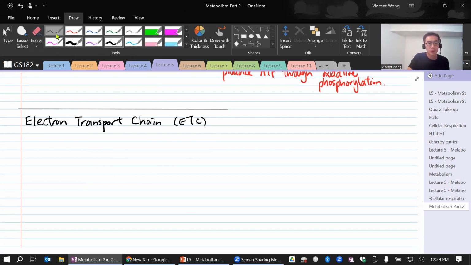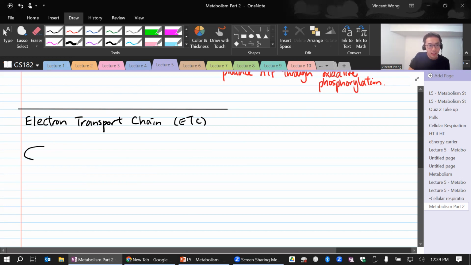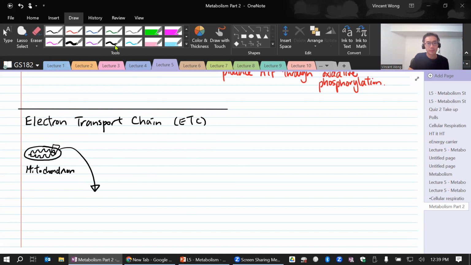So this is a mitochondria, right? I hope you recognize that little guy now. Okay? And what we're gonna do is we're gonna zoom in on this little area here.